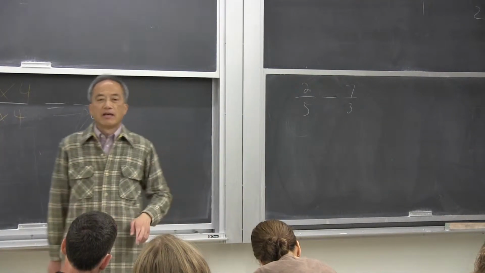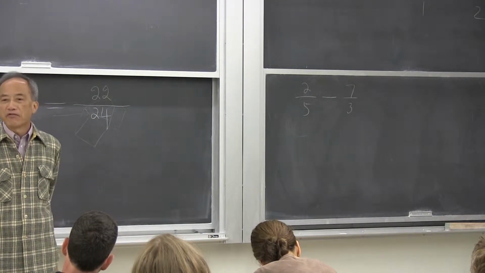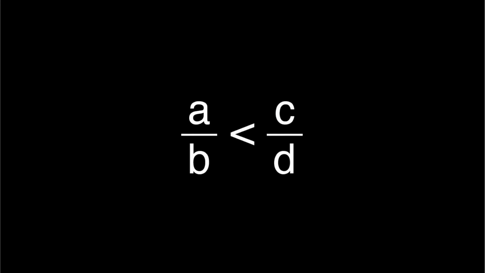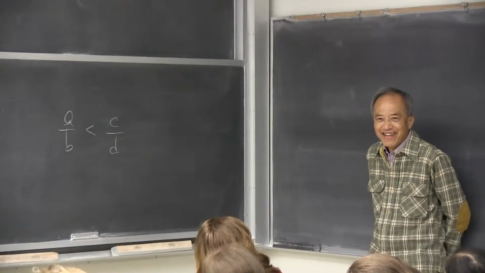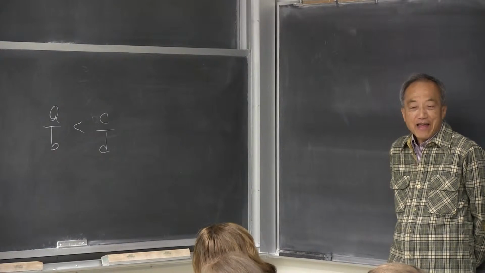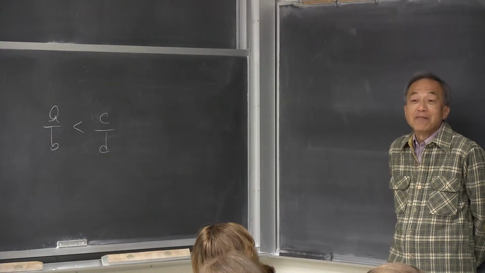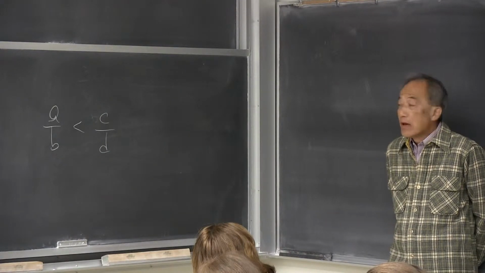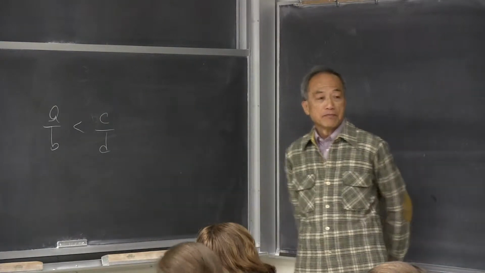Okay. Tell me what is the meaning of one fraction being less than another? A over B, you say, is less than C over D. What's that mean? A is to the left of C over D or whatever. No? No, yes. But I want to point out to you, other than Malin, right? You read books, you never have a conception of what this means.